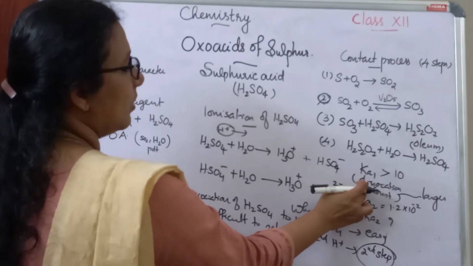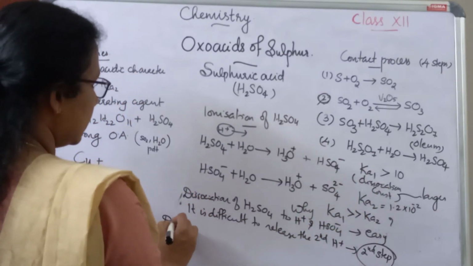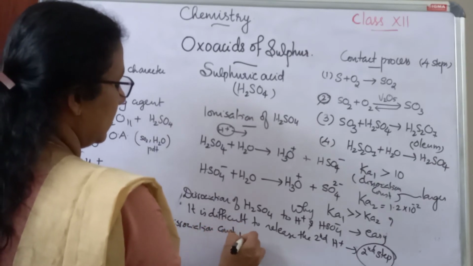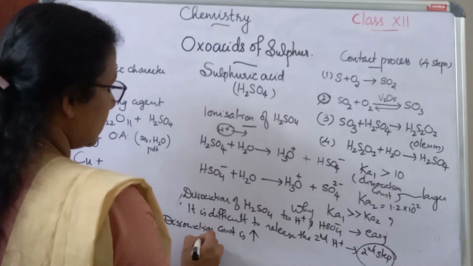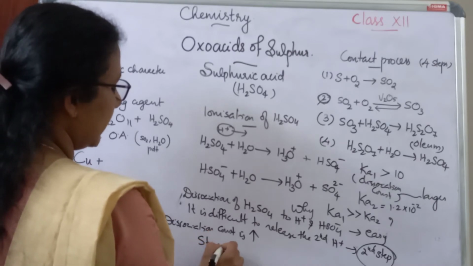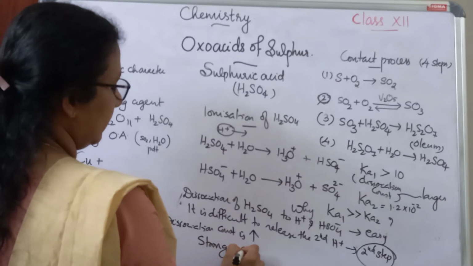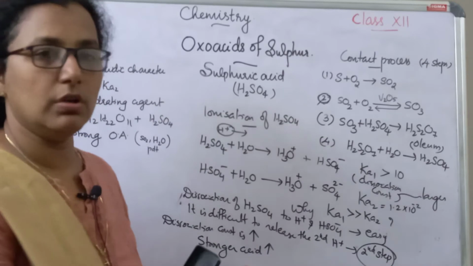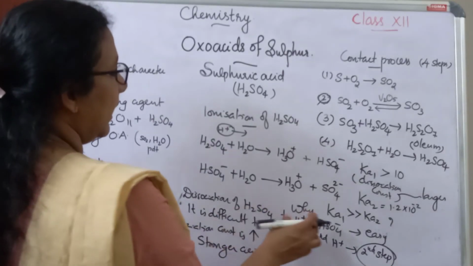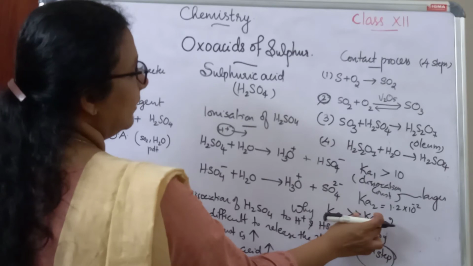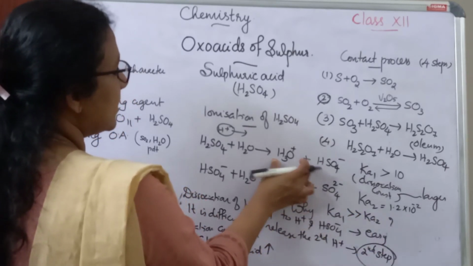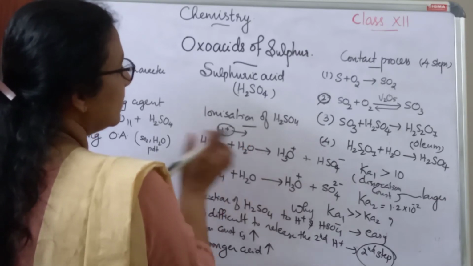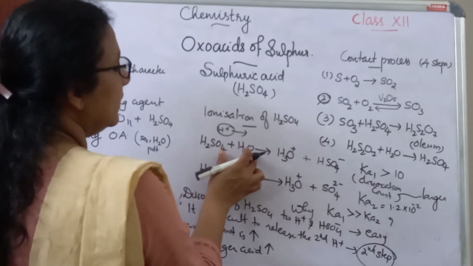If the dissociation constant is more, stronger will be the acid. So the Ka1 value is more than the Ka2 value. In the first step, the ionization is very easy and the dissociation is large.